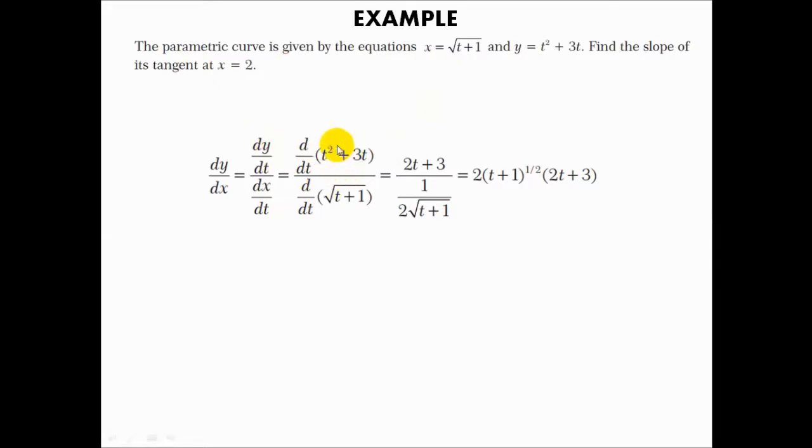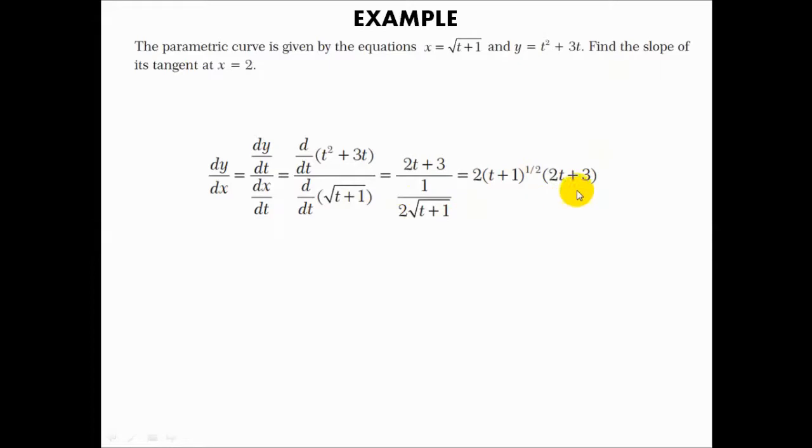d over dt of y is 2t plus 3, and for x we write (t plus 1) to the power of a half, and we get 1 over 2 square root of t plus 1. Then we can simplify that.